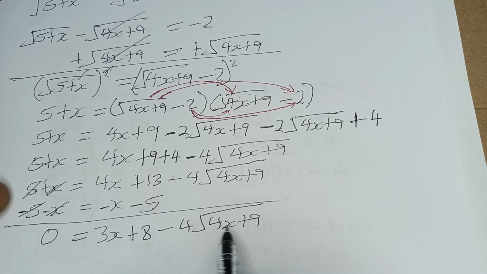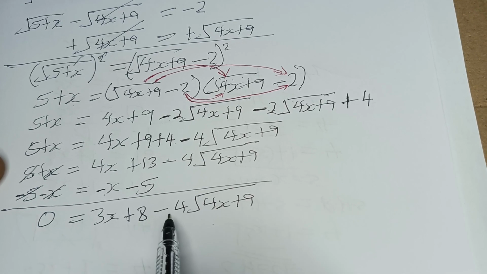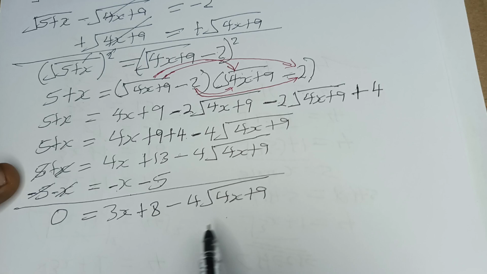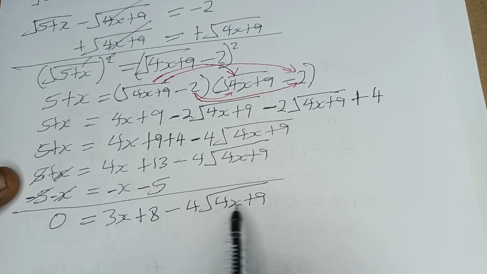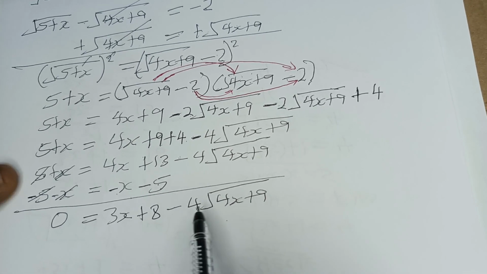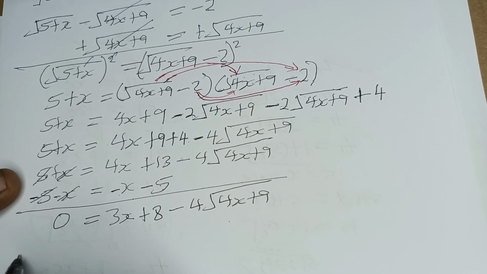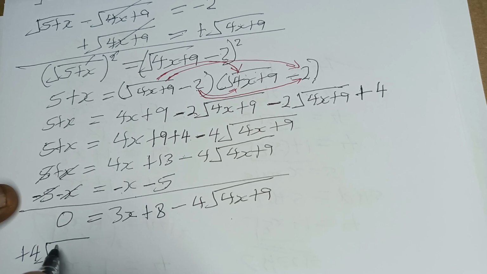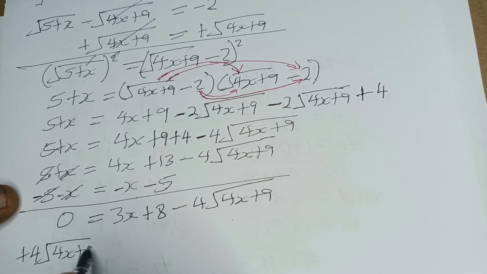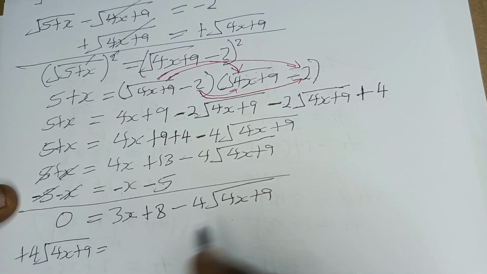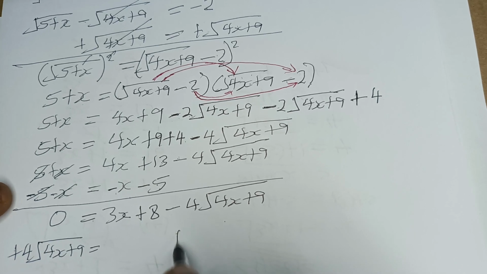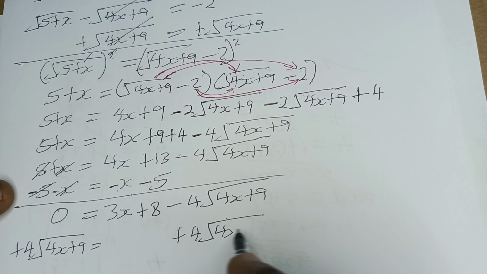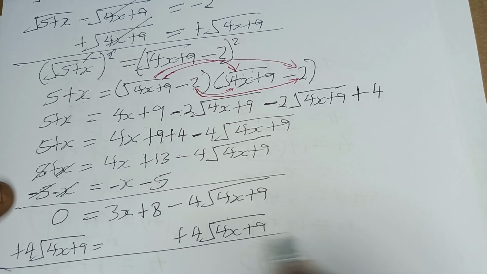So the next thing for us is to take this minus 4 root 4x plus 9. What do we do? We add plus 4 root 4x plus 9 to both sides. So we are having it here, plus 4 root 4x plus 9, is equal to, we have to do the same thing to this side also, plus 4 root 4x plus 9.